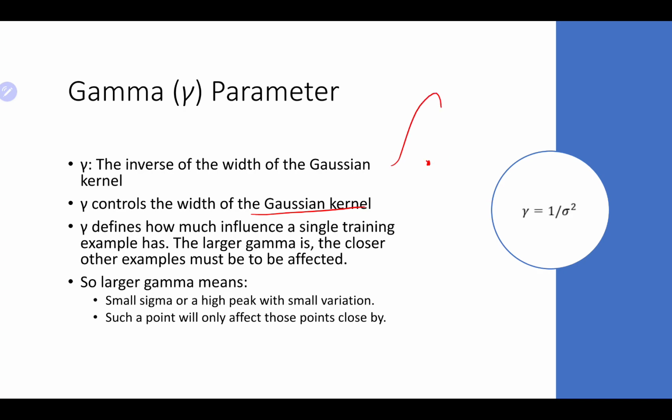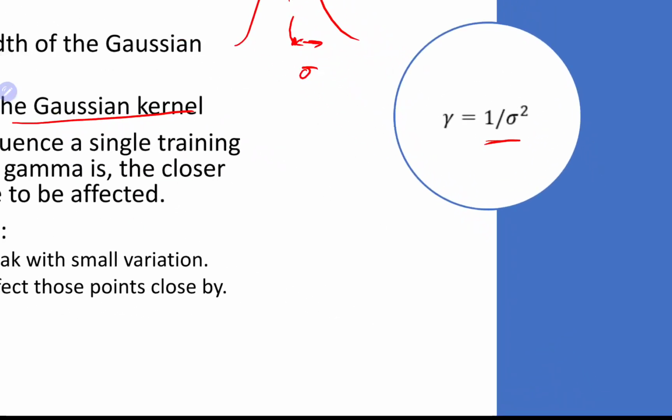If this is a support vector, this will be the Gaussian that's being applied on it, and gamma is the inverse of the sigma value. If sigma is basically the standard deviation, then gamma is the inverse of this value. Gamma defines how much of an influence a single training sample has.